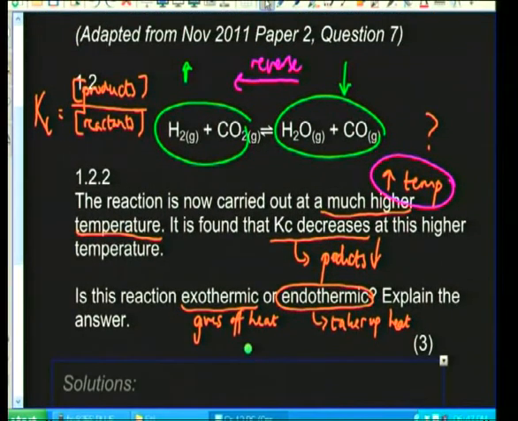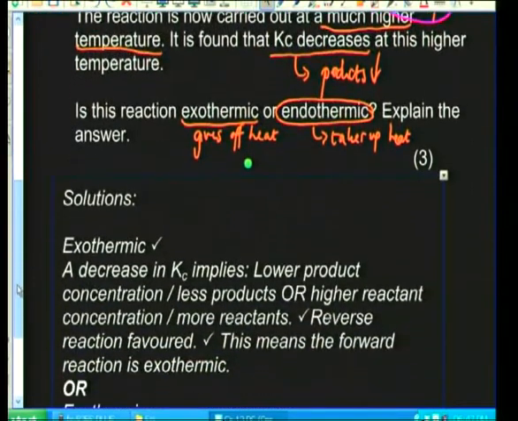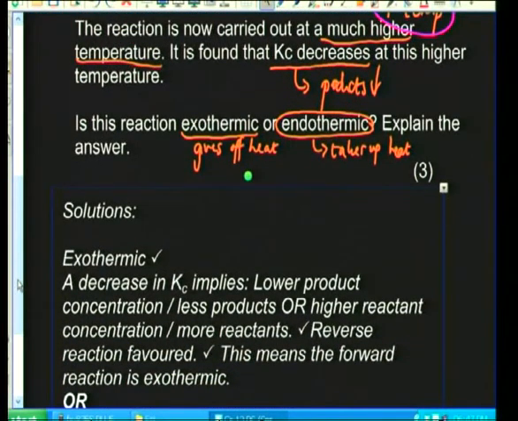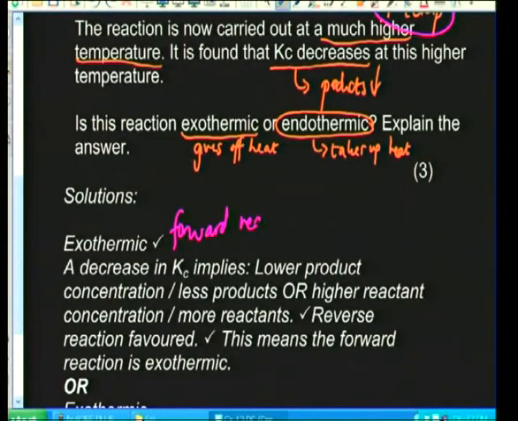Have a look down at the solution. They say to me that the reaction is exothermic. Now, by answering that, they're actually saying that the forward reaction is exothermic. Why? These are my reasons. Because I had a decrease in Kc, it means that I had lower product formation or product concentration, less products or higher reactants.